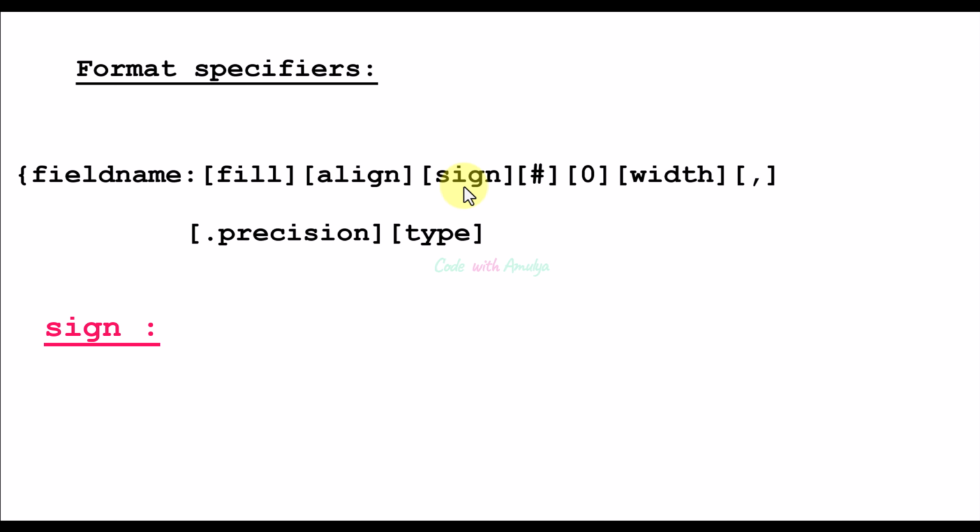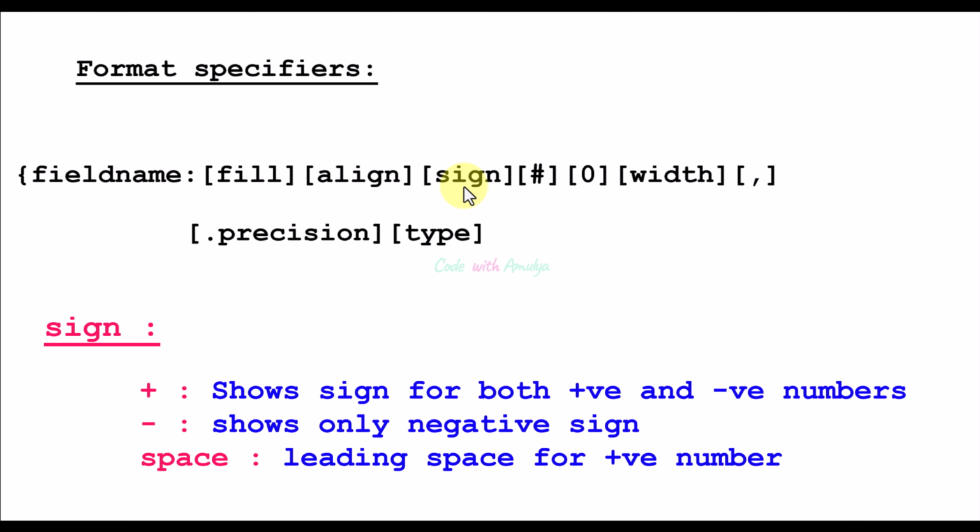Next field is sign. The sign field controls how positive and negative signs are displayed for numeric values. If we take positive as sign, it shows sign for both positive and negative numbers. If we take negative as sign, it shows only the negative sign. And if you take space, leading spaces for positive numbers, negative stays the same.